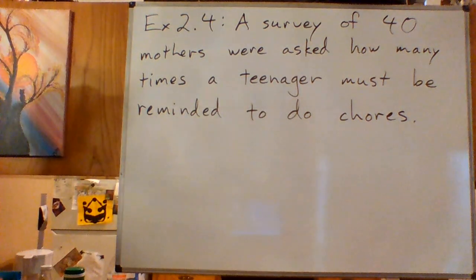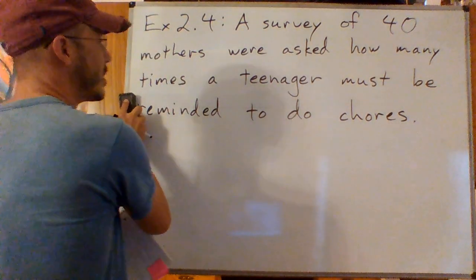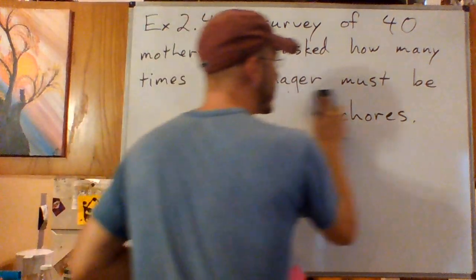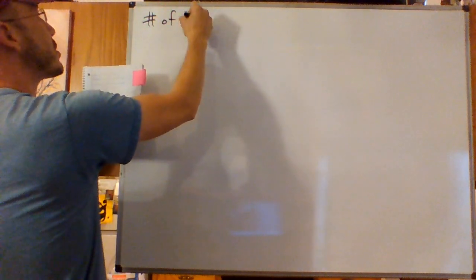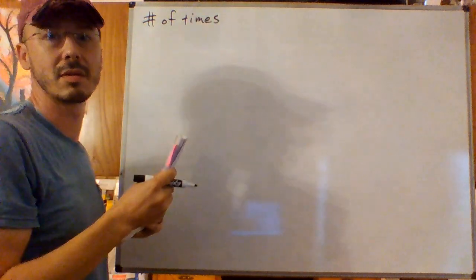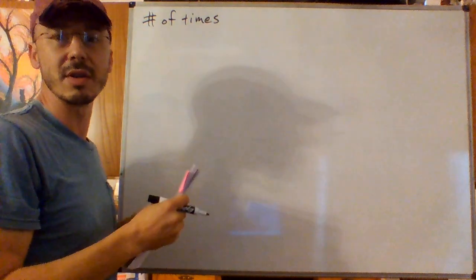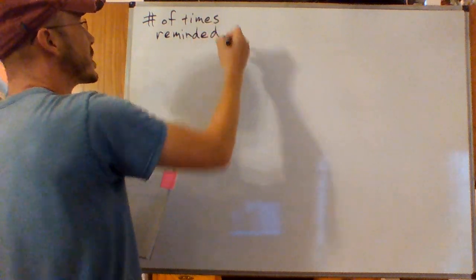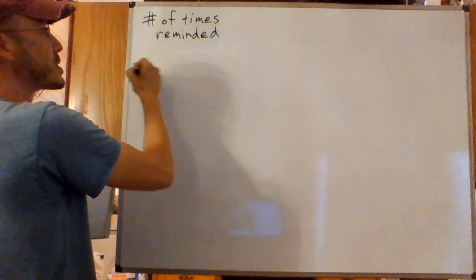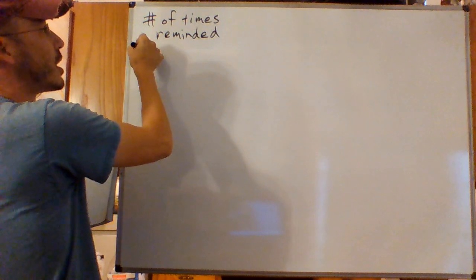So here's the data, and it's given in a table, number of times reminded. I think that makes it clear what that is. So how many times does the teenager need to be reminded?